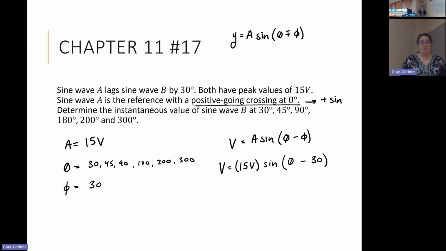The reason it tells you that B has a peak of 15 is that in 18 for your homework, A will lead B instead. I can't remember if it's A leads B or B lags A. Same idea, it just flips what's happening. I just forget how it's worded.